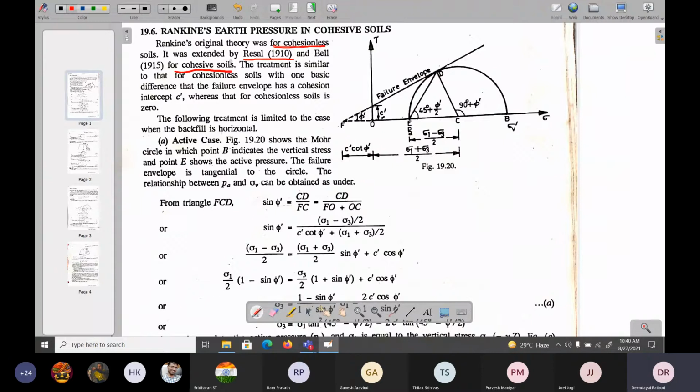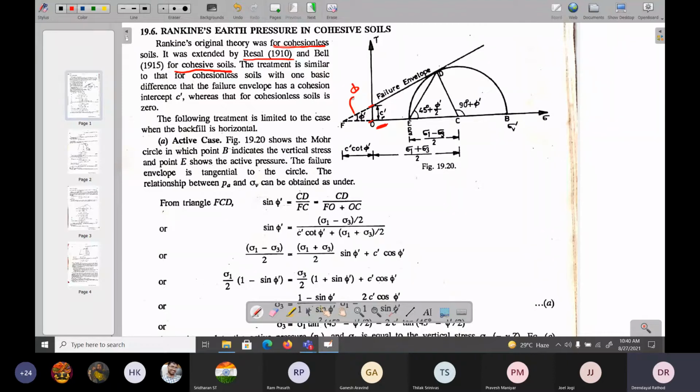The treatment is similar to that for cohesionless soil, with one basic difference: the failure envelope has a cohesion intercept. That means here the c would be extra, this intercept. Then if you make a dotted line, this would be phi. So everything would be the same.